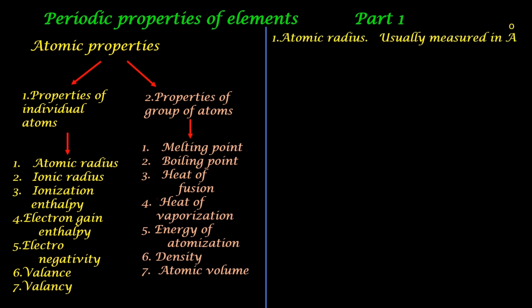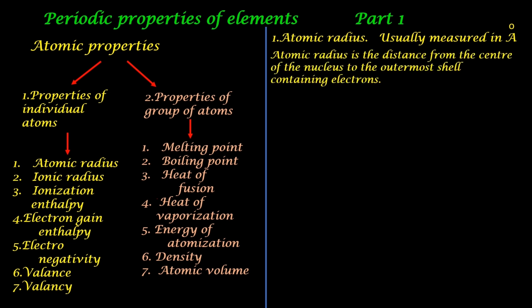Atomic radius is usually measured in picometer or in angstrom because the value is very small. Atomic radius is the distance from the center of the nucleus to the outermost shell which contains electrons. I will explain that. Let us consider a case.